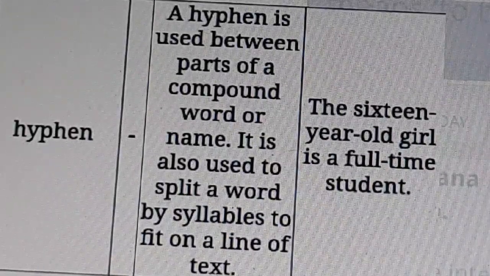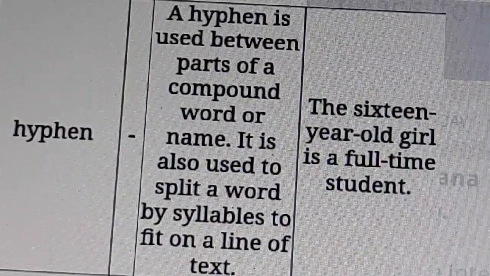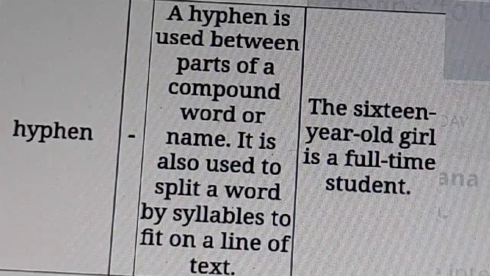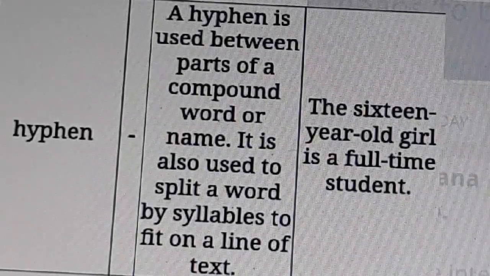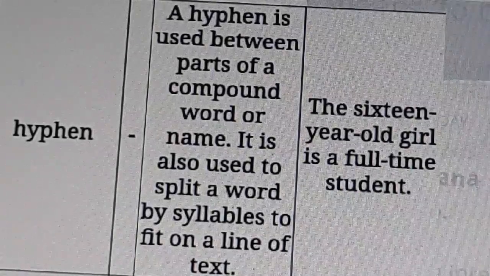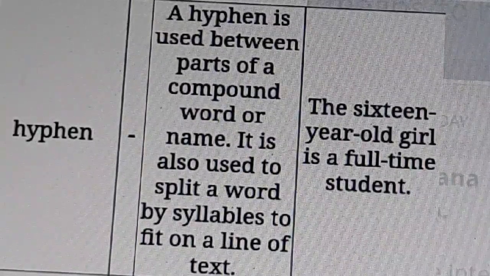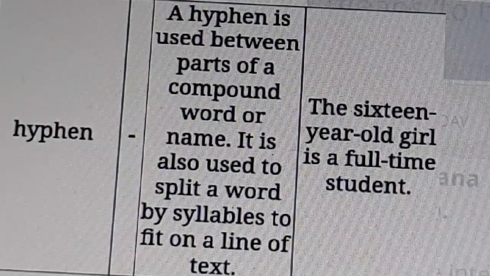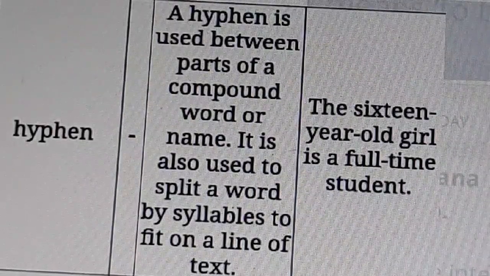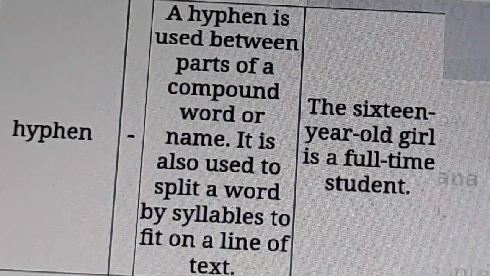Hyphen. A hyphen is used between parts of a compound word or name. It is also used to split a word by syllables to fit on a line of text.